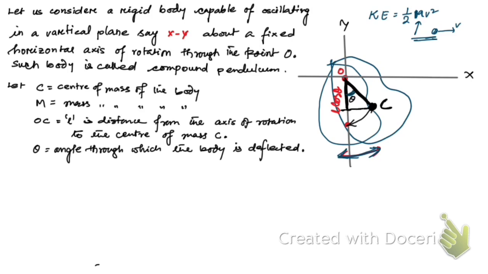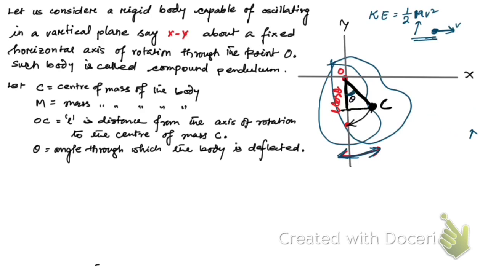So in this case we can write the kinetic energy as half the moment of inertia and the square of the angular velocity, theta dot. In translational motion we used to take the square of linear velocity, here angular displacement is theta and the time derivative of theta gives the angular velocity. Hope you have understood this.